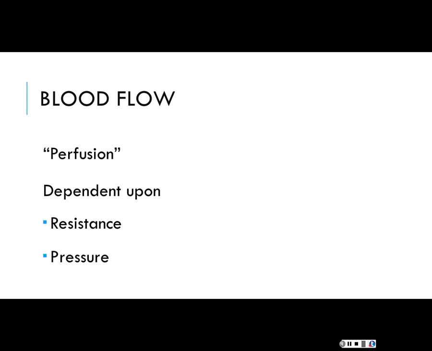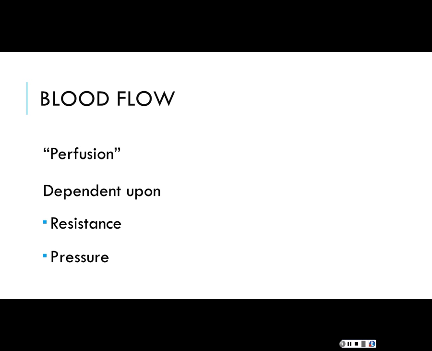If there's resistance, the blood flow to that organ is less. So let's at least acknowledge resistance has an inverse relationship with blood flow. There's an inverse relationship between resistance and perfusion or blood flow.